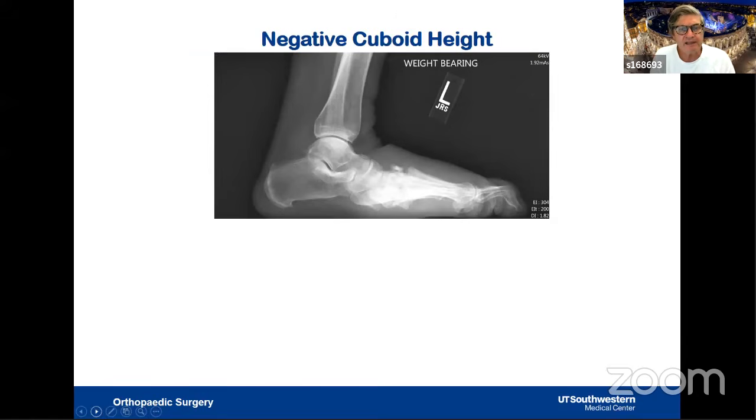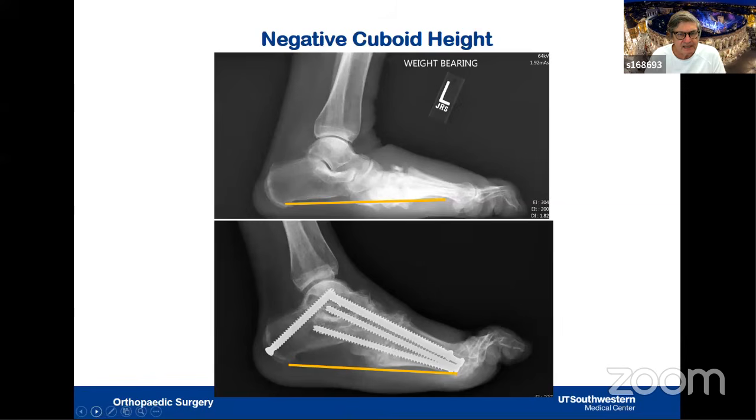I think cuboid height is something that I look at very critically, because I know that a negative cuboid height is predictive of ulceration. And so when I see bone below the weight-bearing line, as you can see here, I know that over time, this is going to break down and lead to a foot ulcer, and that foot ulcer could lead to infection. So I'm very aggressive when I see a negative cuboid height.